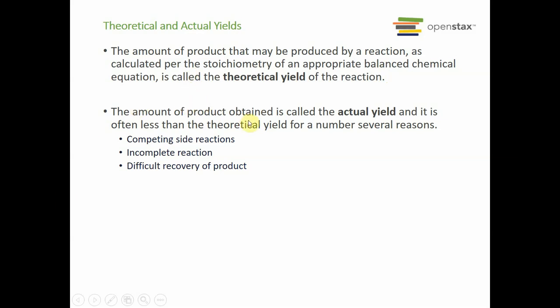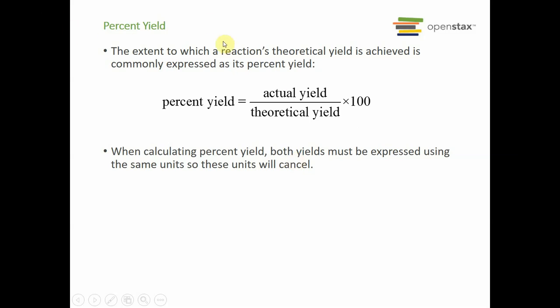The amount of product obtained is called the actual yield and is often less than the theoretical yield for a number of reasons. There could be competing side reactions, there could be incomplete reaction, and it could be difficult to recover the product.